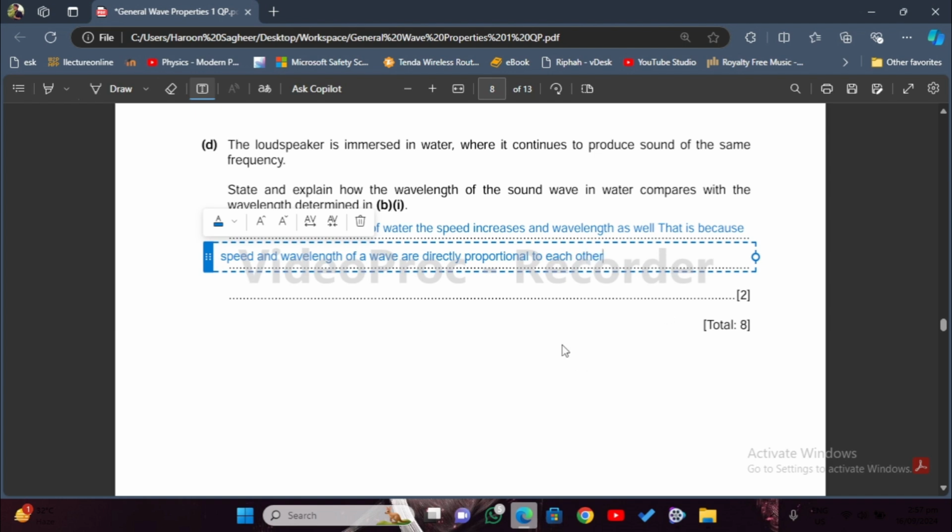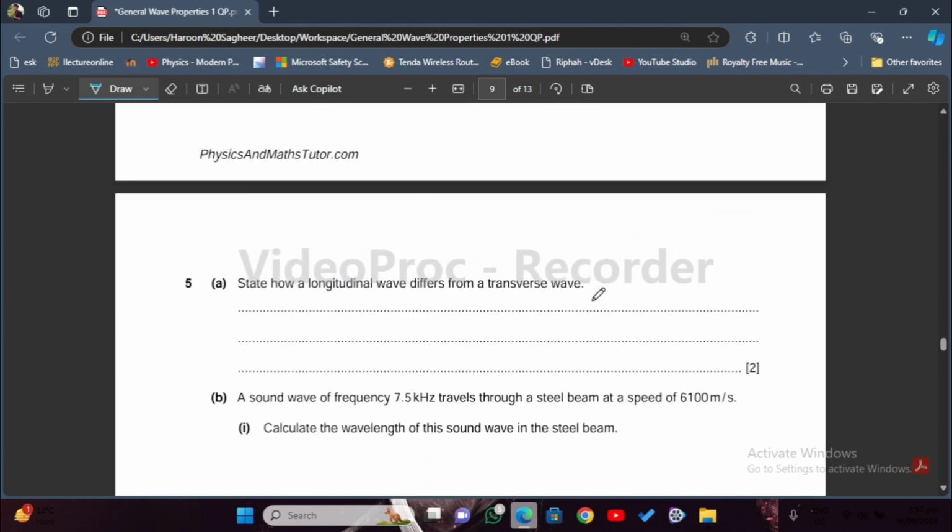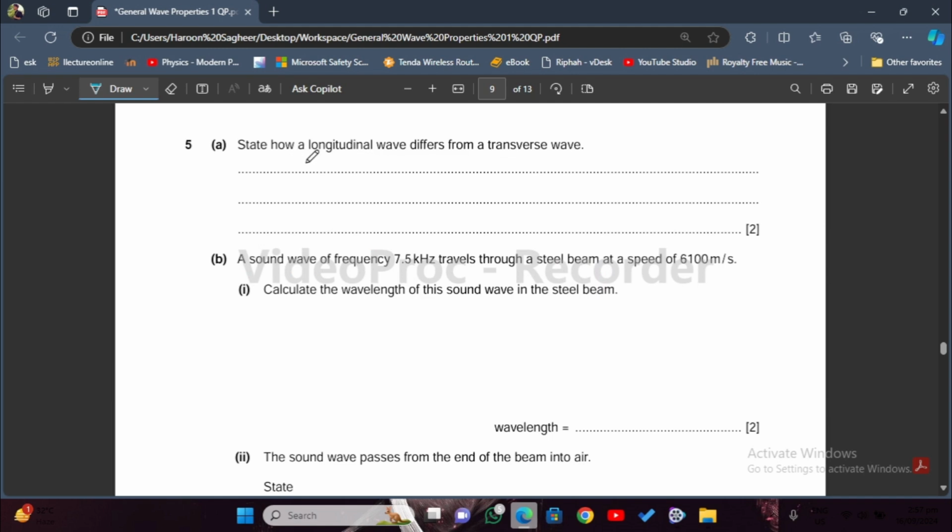There we go. So you can say the wavelength in air was 1.7 meters, but wavelength in liquid or water is 7.5 meters. That is the best comparison. Alright, now state how a longitudinal wave differs from a transverse wave.